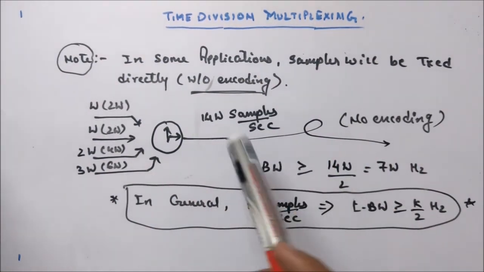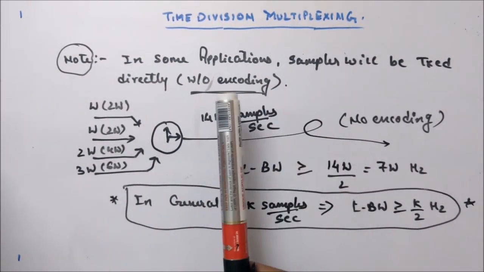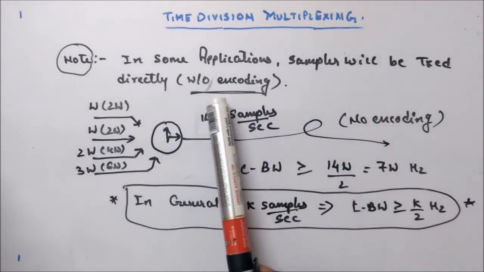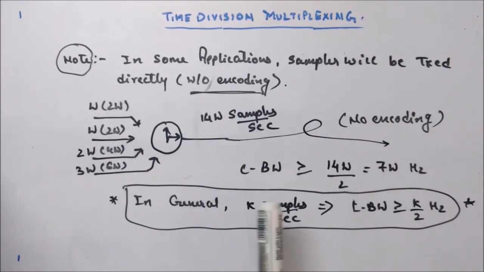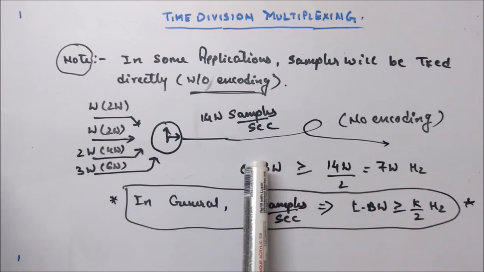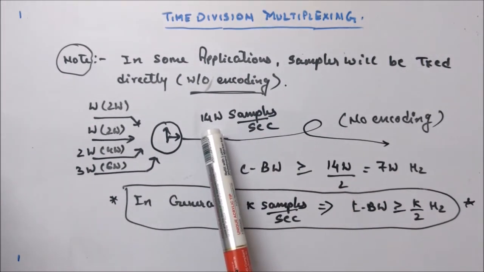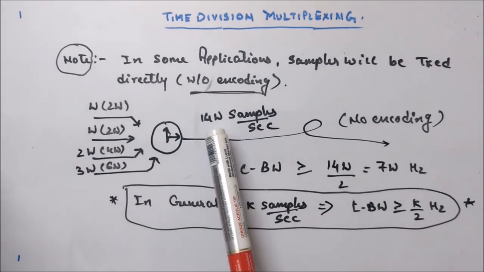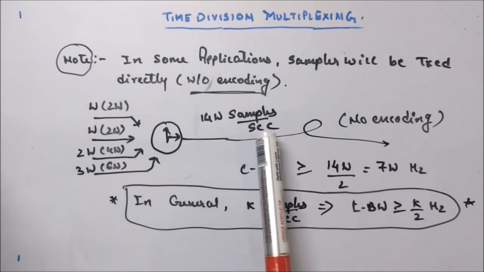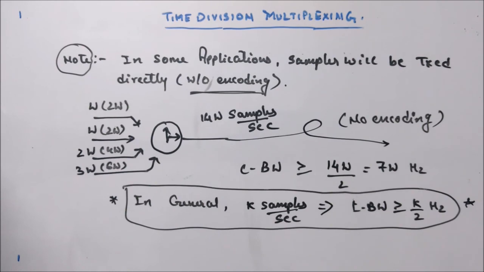So whenever you face this kind of scenario where you directly send the sampler output without encoding, and somebody asks you how much channel bandwidth will be required, just take the output of the commutator, whatever samples per second, and divide it by 2.